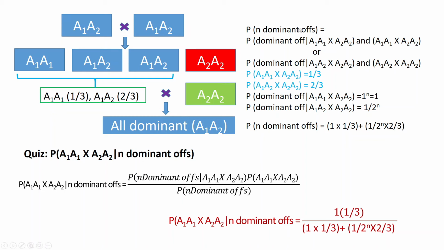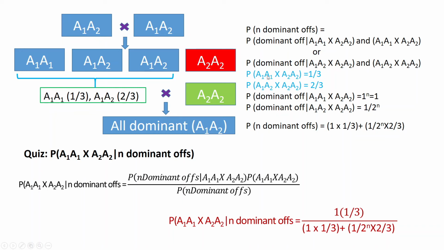So the probability of getting a dominant offspring, any dominant offspring, is the probability of offsprings times the probability of parents. And parents can be a cross between A1, A1 and A2, A2, or it can be A1, A2 and A2, A2.